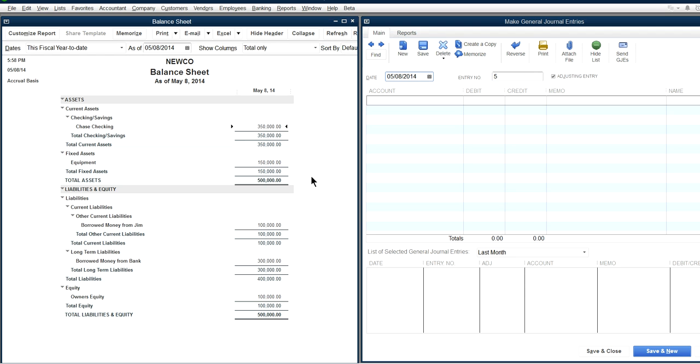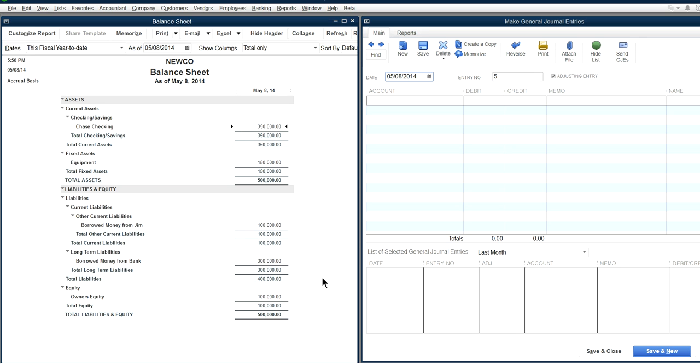Refresh this. Now as you can see here, your money went down from $500,000 to $350,000 because you added $150,000 to your equipment account, and your total assets are still the same. So now we have certain transactions, and the balance sheet is stepping up a little bit. Right now we are strictly dealing with balance sheet transactions only.